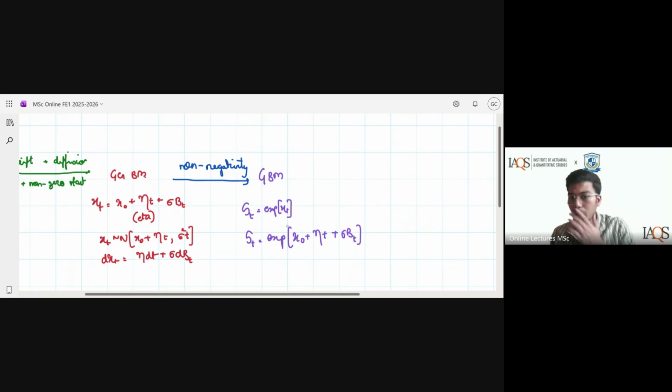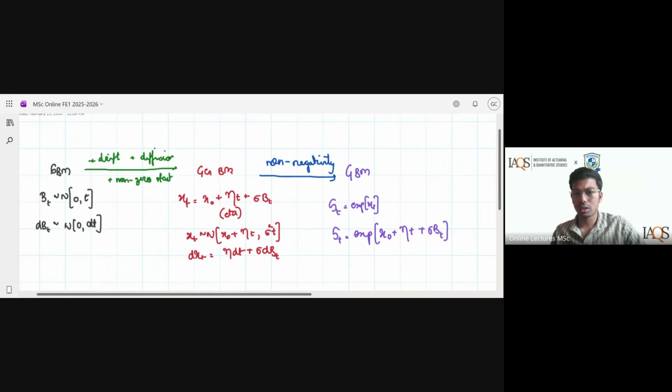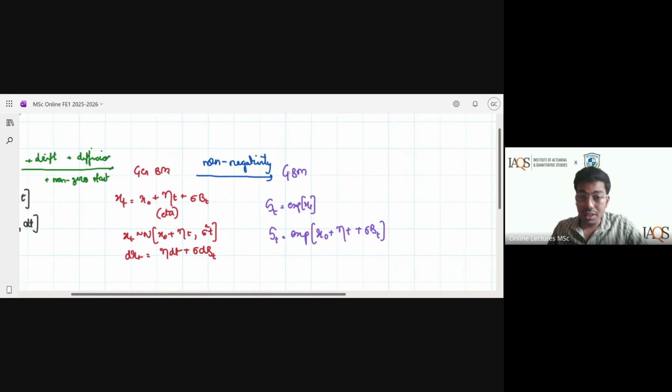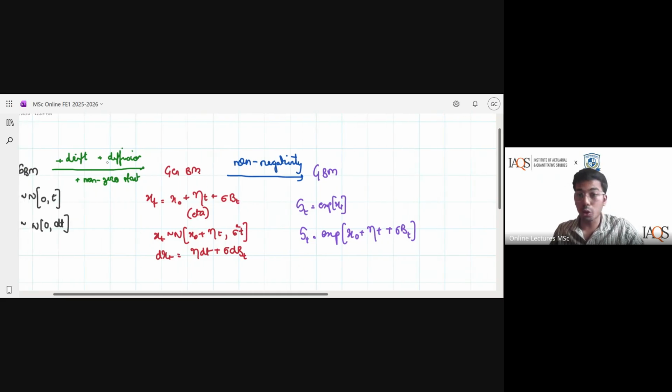I'm just substituting the equation of my general Brownian motion Xt as x0 plus eta t plus sigma Bt. Any doubts till here? This we understood: when I had to predict share price, ideally it was the geometric Brownian motion, because I solved for all four dissimilarities, only then I ideally matched it with my Nifty share price or my Nifty movement. Thus, this is what your share price process is. We'll derive it based on this.